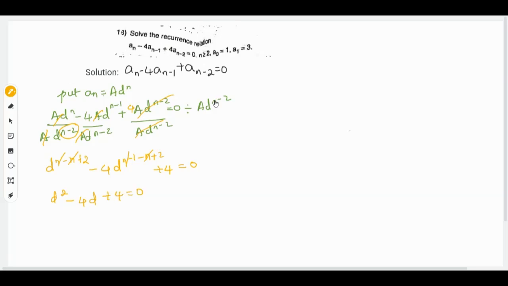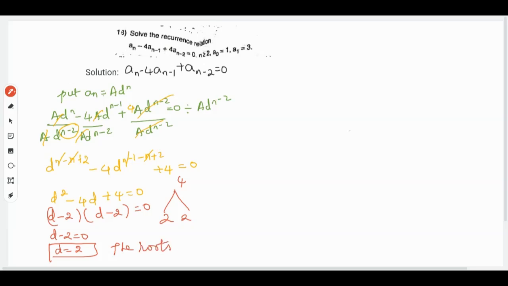So now find the quadratic form, that is 4, factor 2 twos are 4. So you can write it as d minus 2 into d minus 2 equals 0. So d minus 2 is 0, means d is equal to 2. So the roots are real.